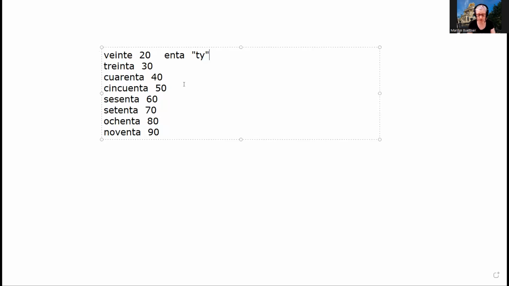So there are our 2-digit numbers, and all of the hundreds, when we get into hundreds, are built on this ciento word. Ciento, or the shorty version is cien. And the shorty version, without the -to at the end, can only be used when it's exactly 100, right? 101 and up, it's got to be ciento, with a -to at the end.